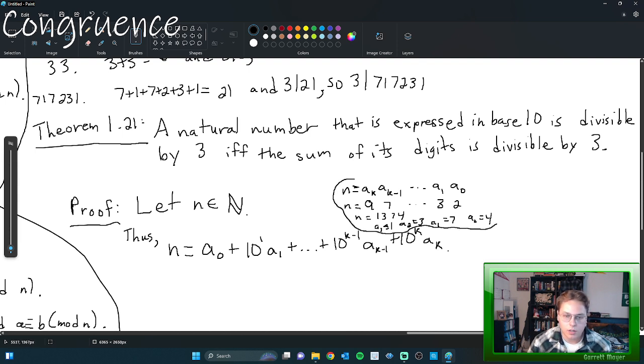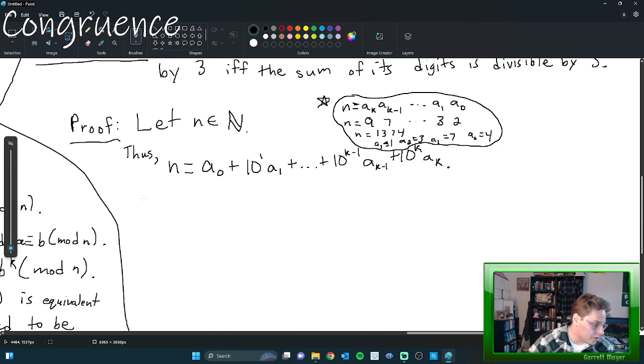And because of this, we can also express this as 1,000 times 1, 3 times 100, 7 times 10, and 4. So that's what we're doing here. We're taking a0, and then we're adding 10 times the first digit, 100 times the second digit, and 1,000 times the third digit, all the way up to however many digits there are. So that's how we're breaking this down.